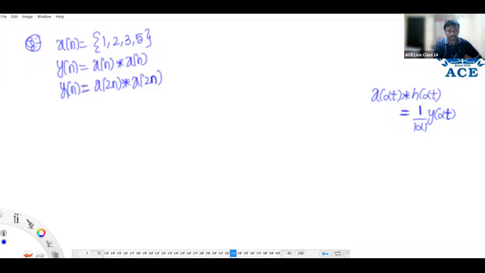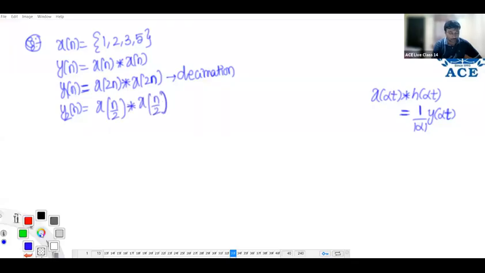It means decimation or interpolation, sir. Every fellow knows x of 2n means decimation. Y2 of n is x of n by 2 convolved with x of n by 2. Now it is interpolation.